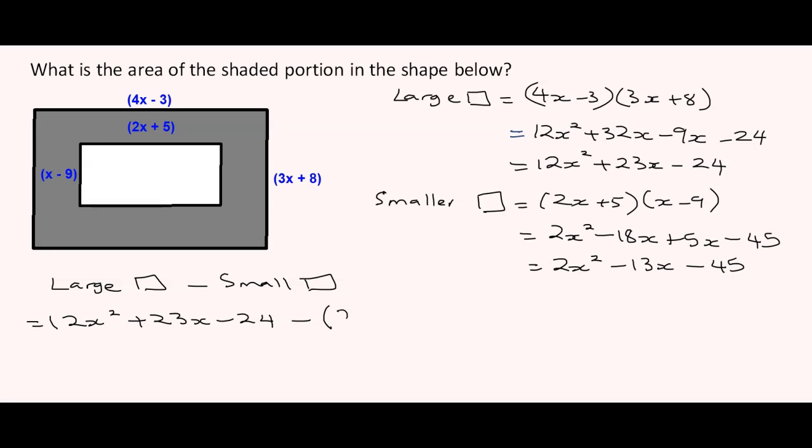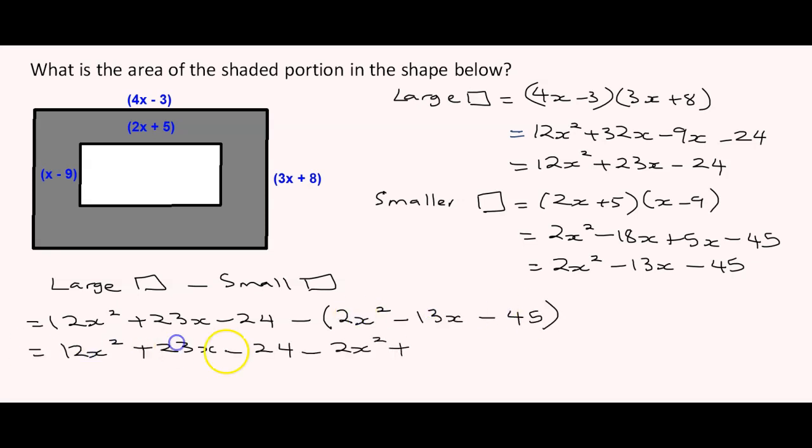So we're going to end up with 12x squared plus 23x minus 24 minus 2x squared plus 13x plus 45. So let's group common terms together.